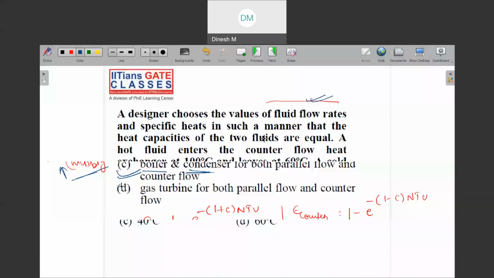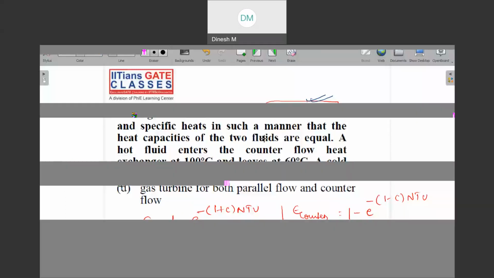Whenever heat capacities are equal, then either of these, delta Ti or delta Te, are nothing but the same, in degrees Celsius.